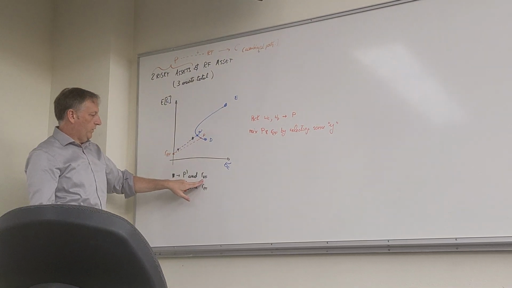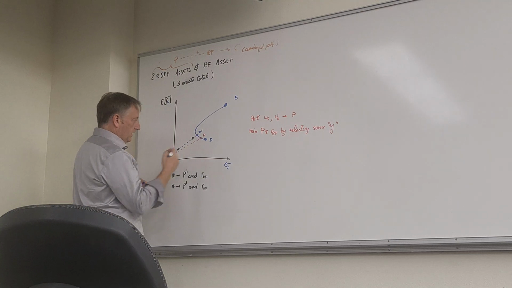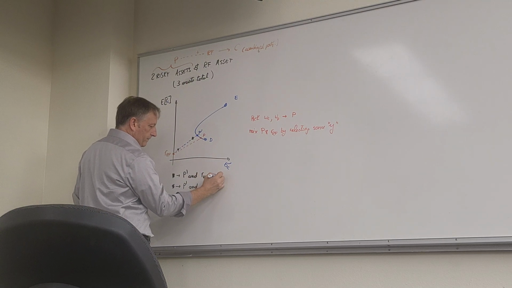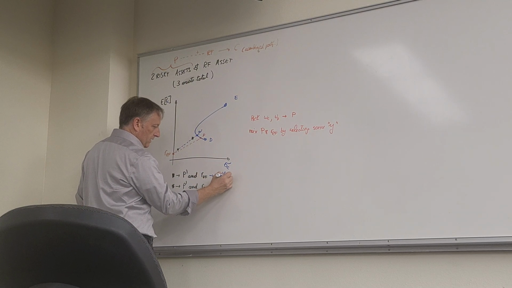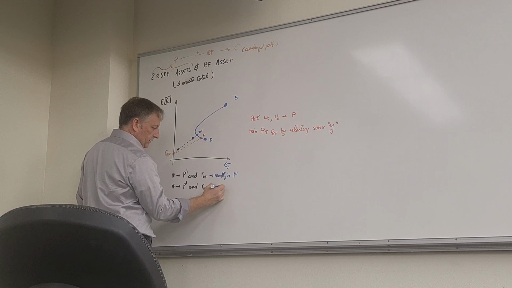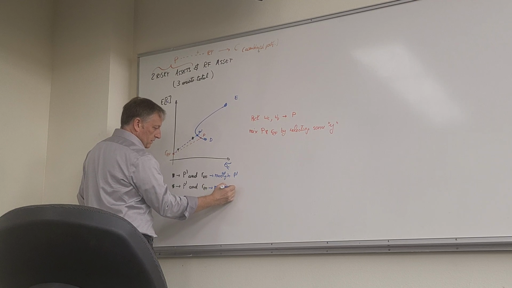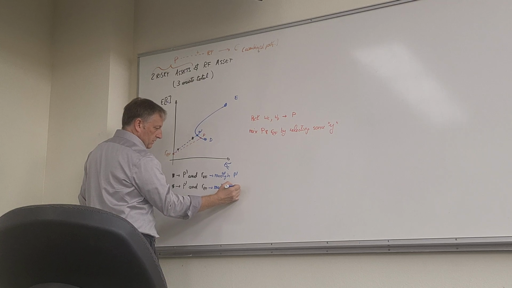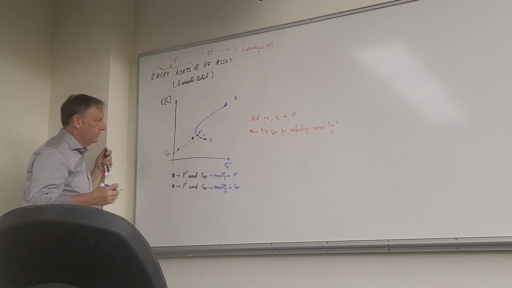Different weights, right? So here I'm invested mostly in P prime, and this is mostly in the risk-free asset.